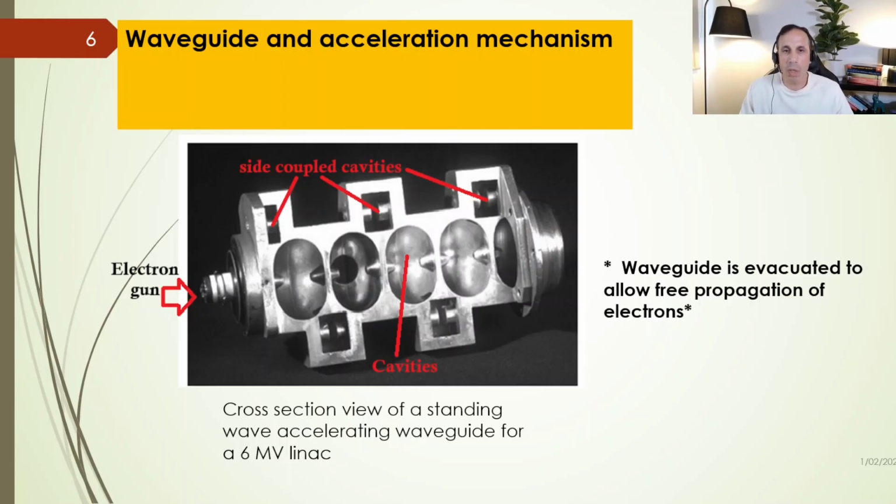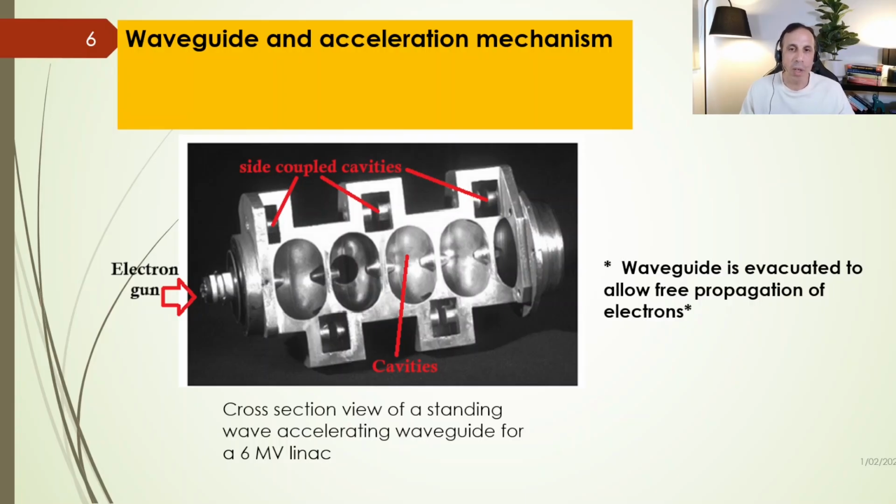Structurally, the waveguide is based on a cylindrical tube with a series of discs or irises placed at equal distances along its length. So we have cavities and septums that separate the cavities, but there is a hole inside the septums, as you can see in the figure, which connects the cavities together.